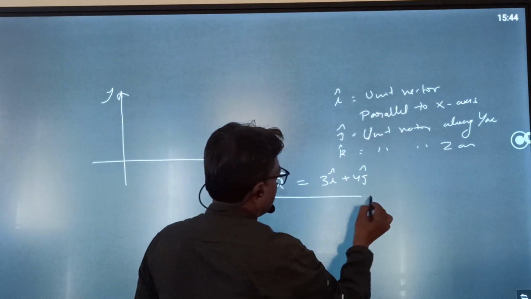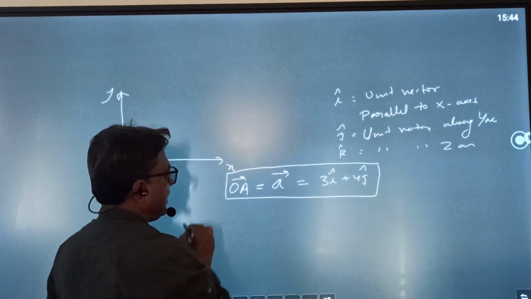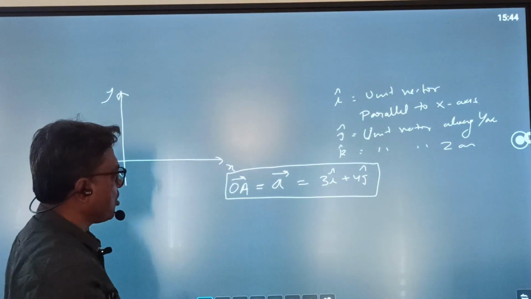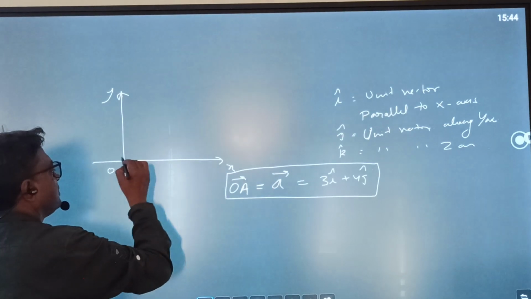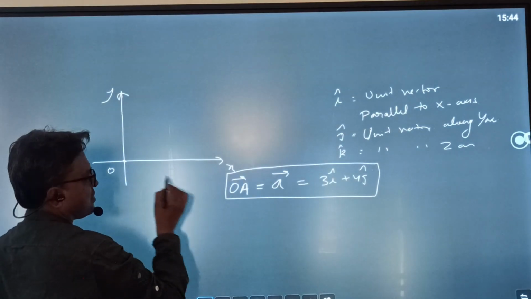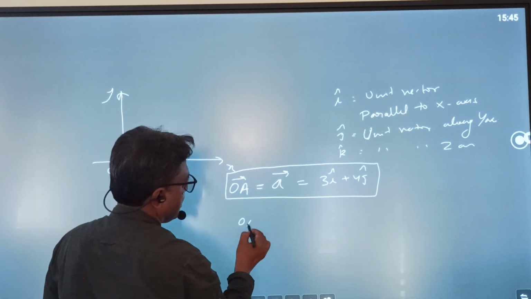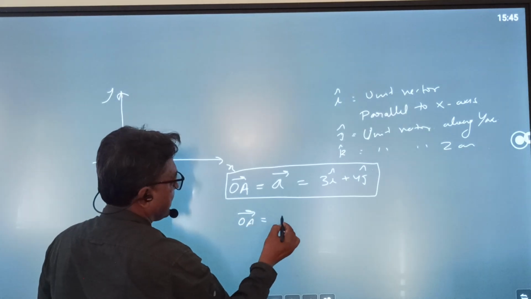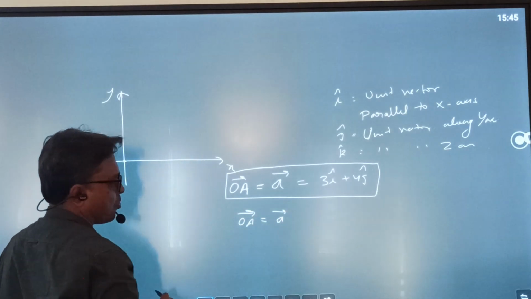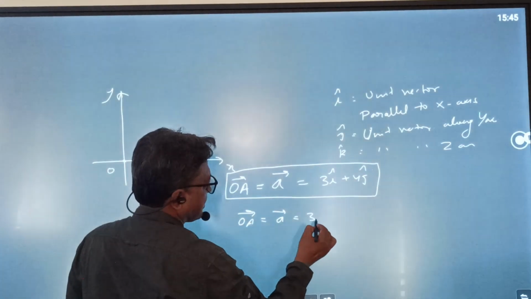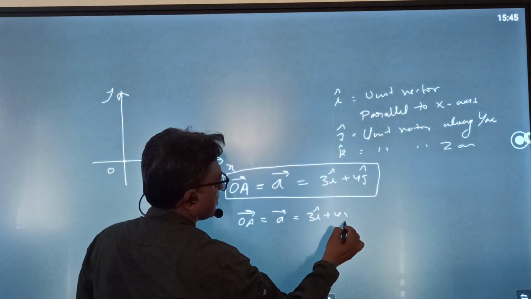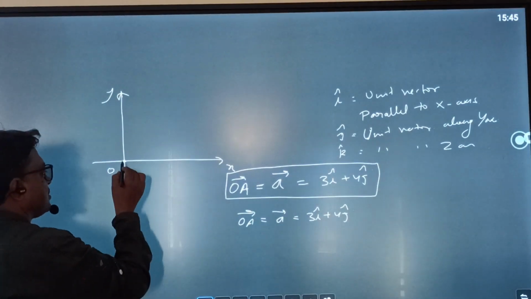Now I am considering a vector OA that is represented by small a. So this is suppose the origin. So vector OA means 3i plus 4j. I am simply writing it by the single letter small a, which I have given as 3i plus 4j. So what I have to do? I have to start from the origin.